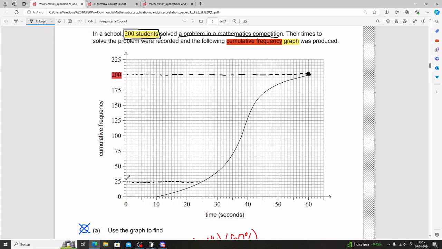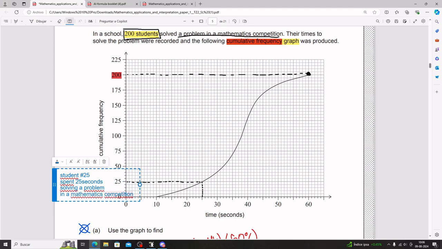Notice the language I'm using. Student number 25 spent 25 seconds solving a problem in a mathematics competition. And this is very different, and this is the main idea. This is the hard part I need you to catch. This is student number 25.